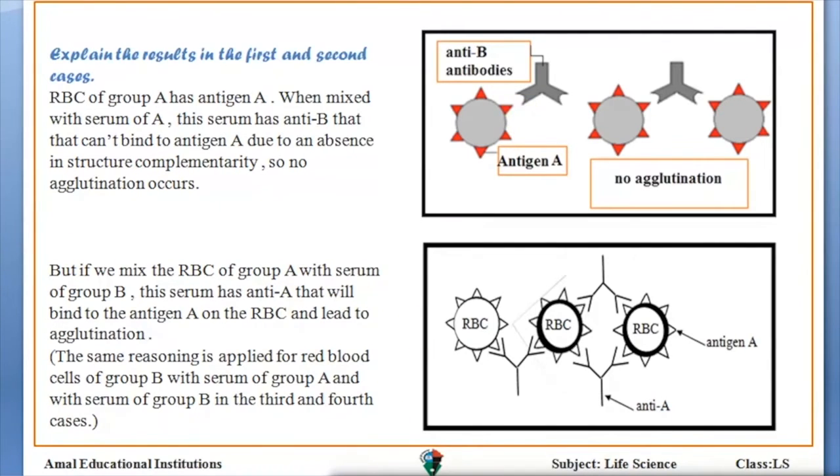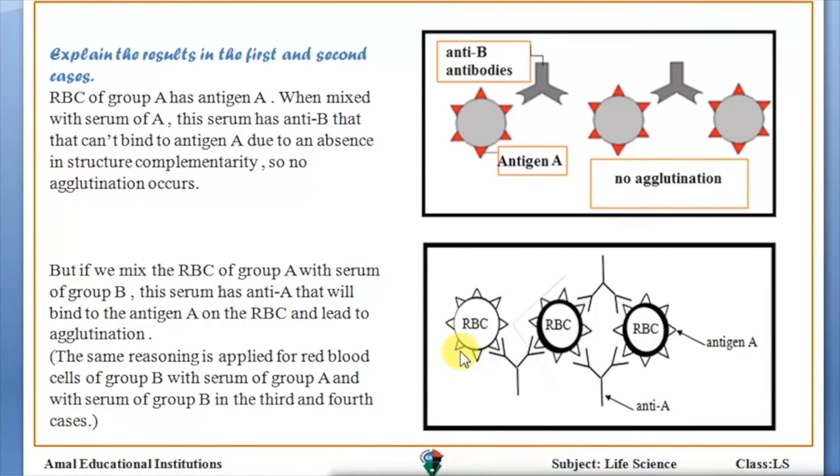In the second case, there was agglutination when the red blood cells of group A were mixed with the serum coming from a different group, which is group B. Group A has antigen A on the red blood cell, as you would observe here.